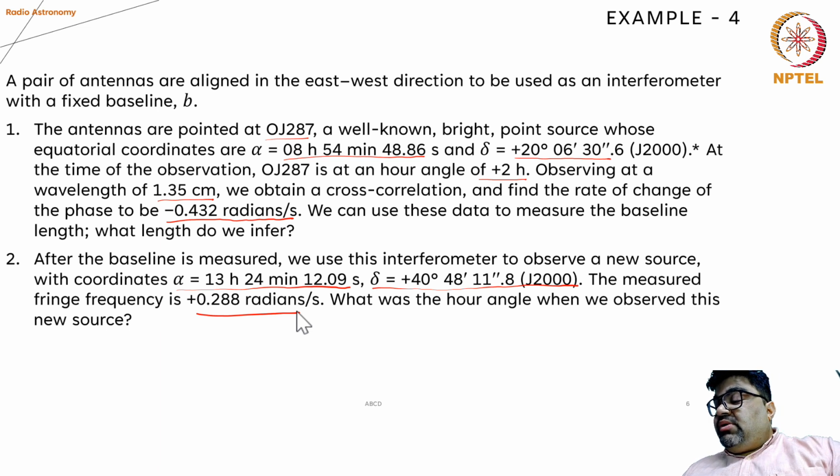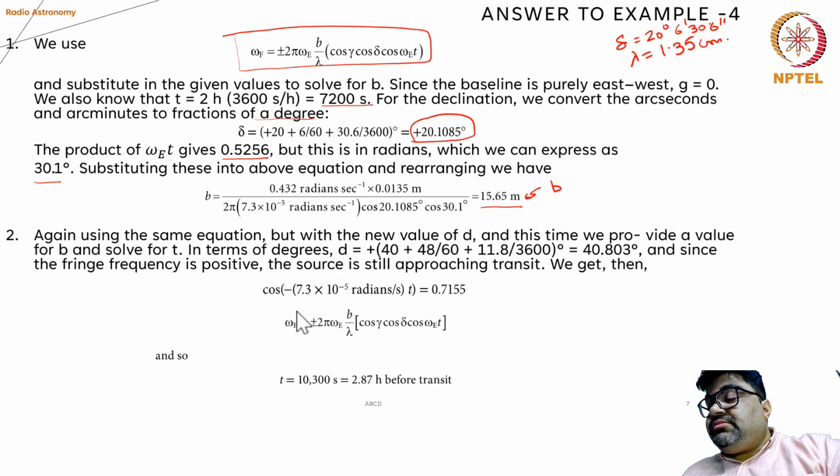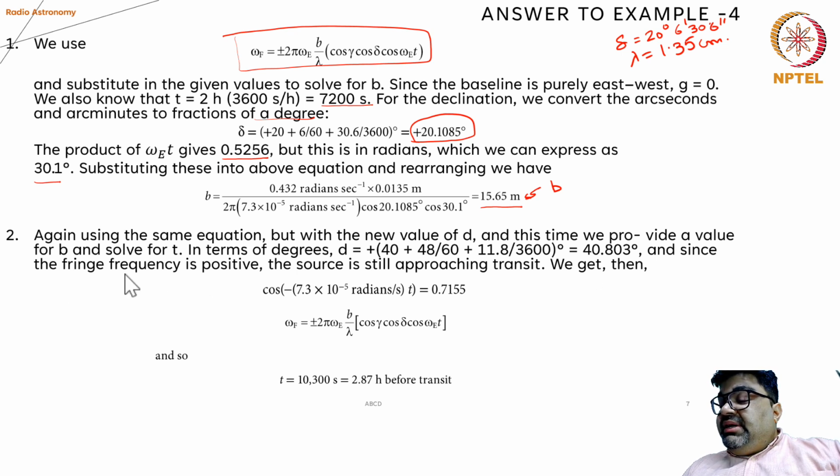So what was the hour angle at which we observed this new source? Then you have the values A and B, and solve for T. You have the degrees also; delta is converted from degree, minute and second into degrees.